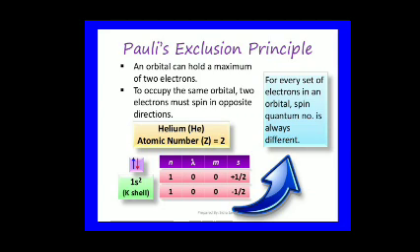For every set of electrons in an orbital, the spin quantum number is always different. So, according to Pauli, no 2 electrons can have the same values for all 4 quantum numbers.